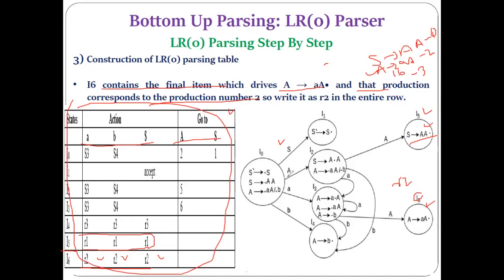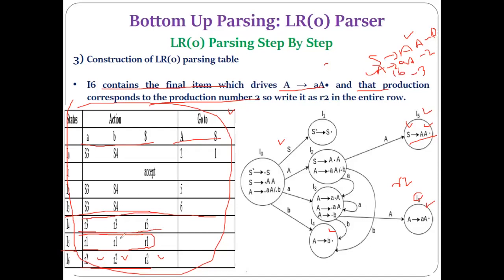Whenever there is a movement from one state to another on a terminal, you make its entry in the action column, as a shift. For the reduction entries, you have to see the final items, give numbering to the productions which are part of your grammar, and accordingly make the reduction entry in the entire row.